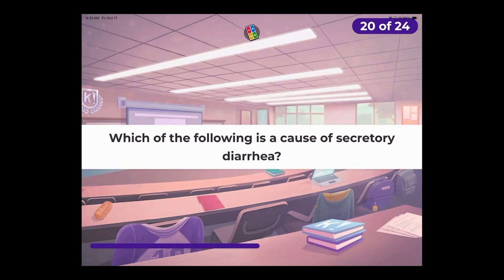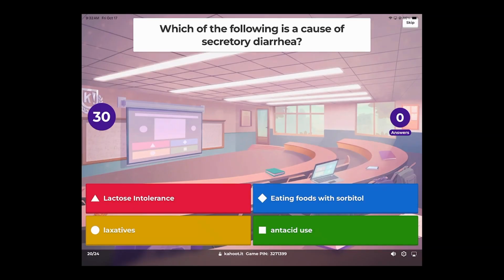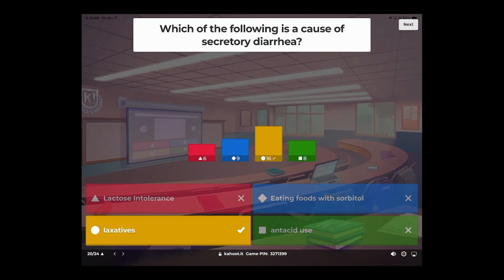Which of the following is a cause of secretory diarrhea? Okay, laxatives.